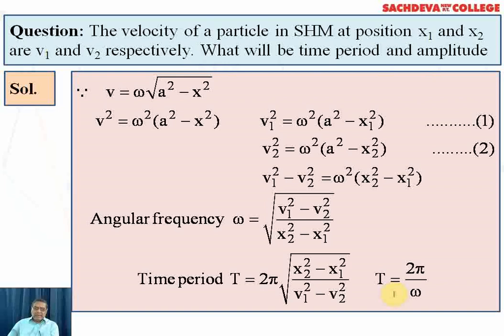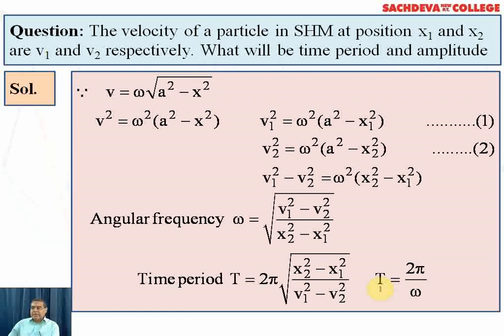Now if we proceed slightly more elaborately, we have written one of the equations as v square equals omega square into a square minus x square. If we are interested in finding the kinetic energy of the harmonic oscillator, in this equation we multiply both sides by half m. The left side becomes half m v square and the right side half m omega square into a square minus x square.